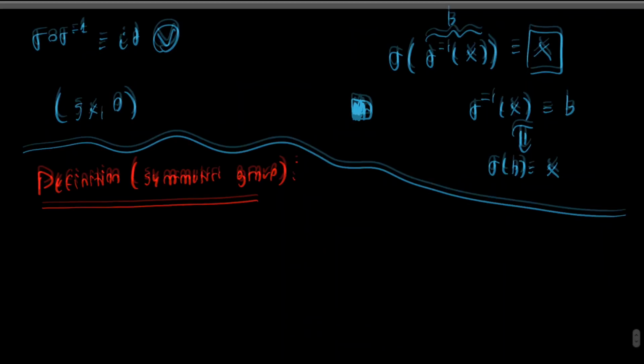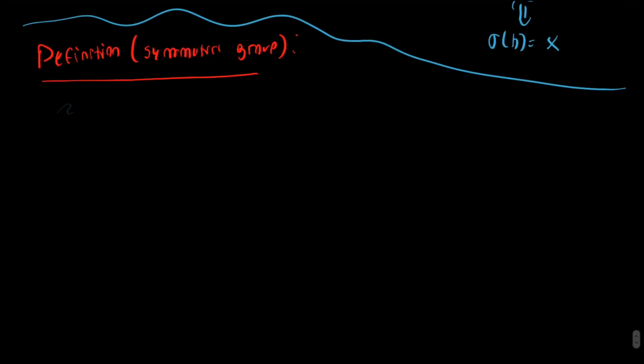So we will define this for finite sets. Let A be a finite set of order n, or of cardinality n, a1, a2, up to an.